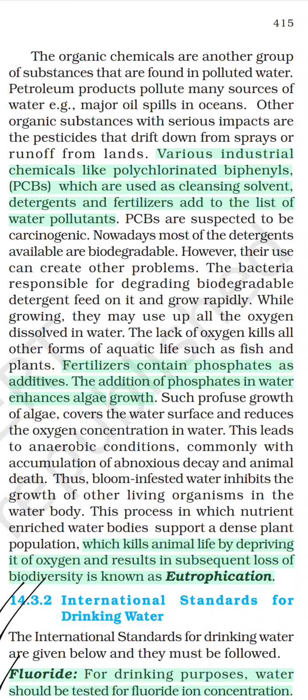The organic chemicals are another group of substances that are found in polluted water. Petroleum products pollute many sources of water, for example, major oil spills in oceans. Other organic substances with serious impacts are the pesticides that drip down from spray or runoff from lands.